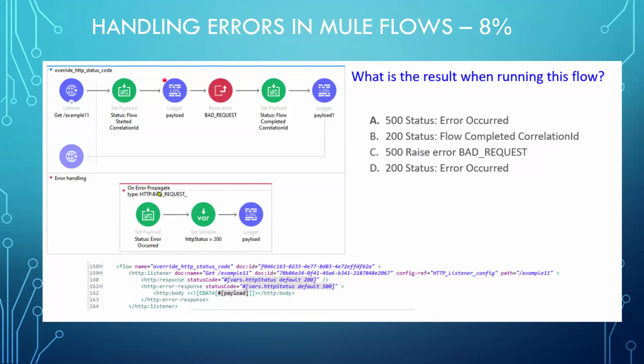You can even take an on-error continue and change the HTTP status code to 500, and it's going to behave like an on-error propagate. Crazy stuff. Whatever that status code is, that is how your HTTP listener is going to handle the behavior.